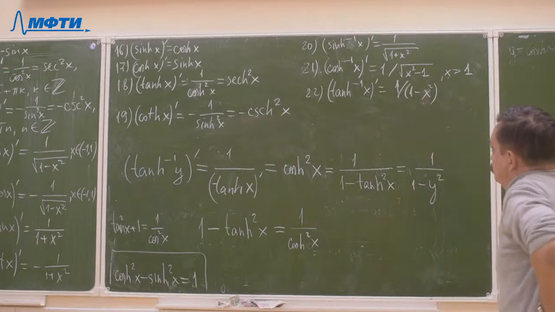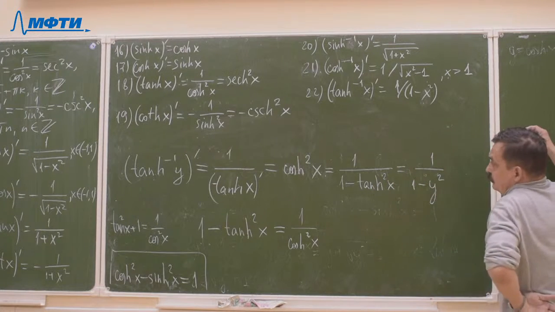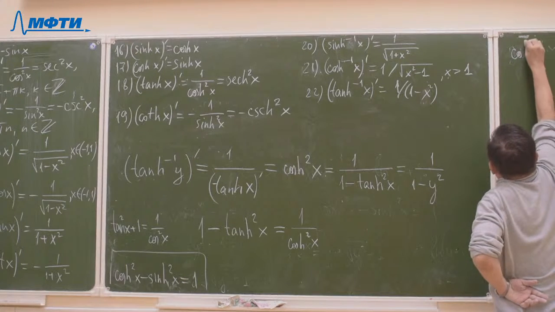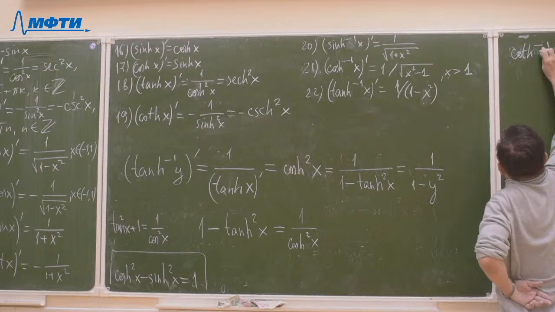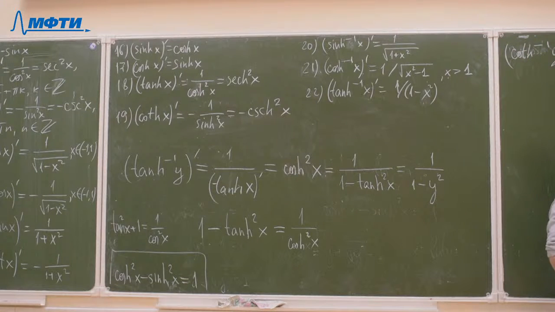Okay, so let us compute cotan hyperbolic. Cotan hyperbolic minus 1 y is 1 over cotan hyperbolic x prime.